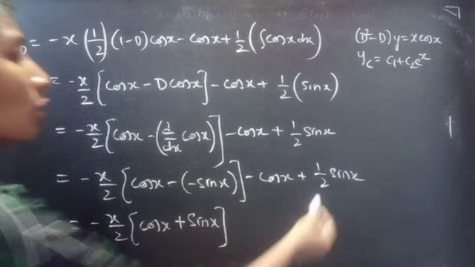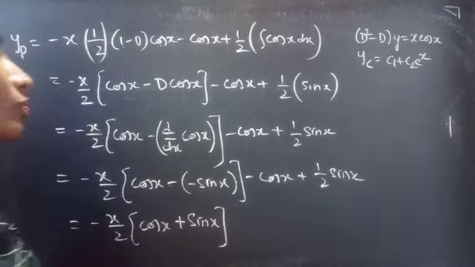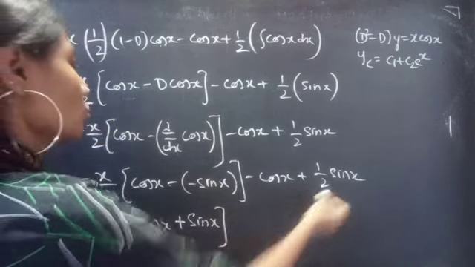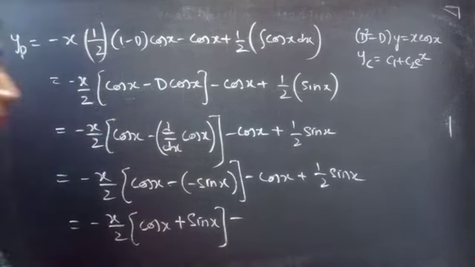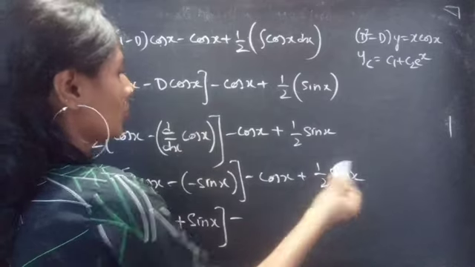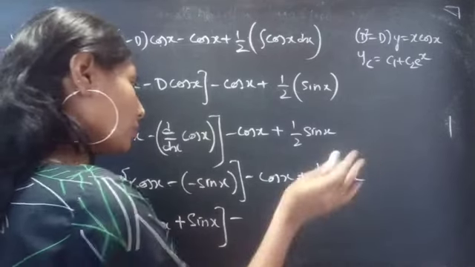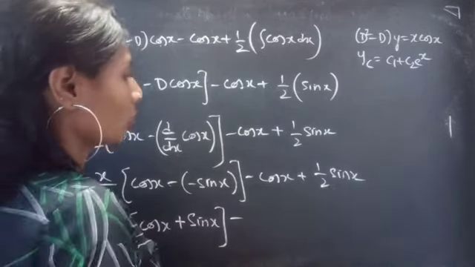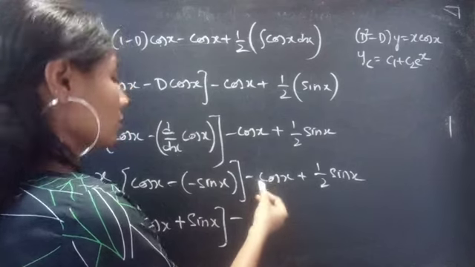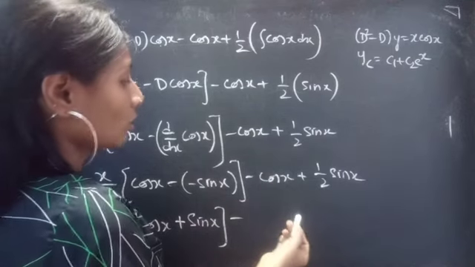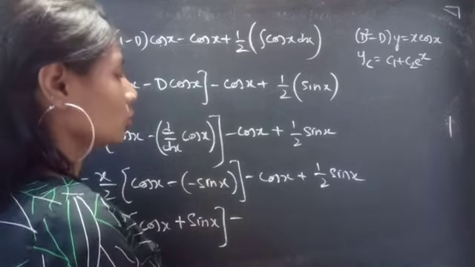Now take LCM of these two terms, or just take minus 1 by 2 common from these two terms. Better, take 1 by 2 common from these two terms, since this term does not have any 1 by 2.